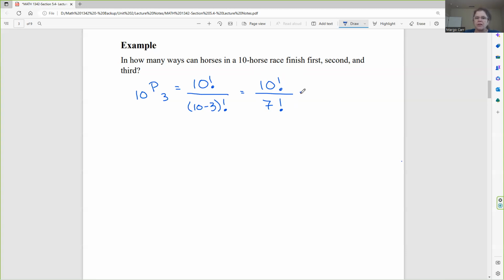She also told me she showed you the 10, 9, 8, and you could keep going. But the way I do it is I could keep going, or I could just say 7 factorial. And this is 7 factorial, because we know 7 factorial is 7 times 6 times 5 times 4 times 3 times 2 times 1.